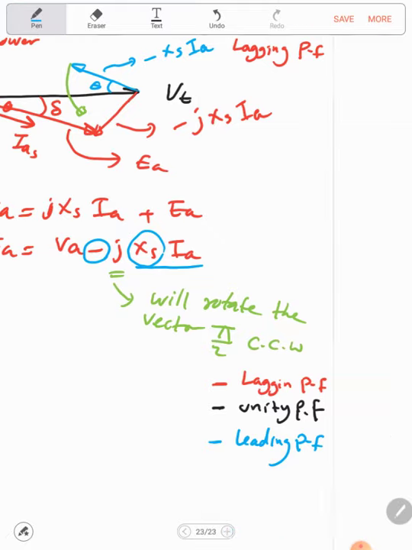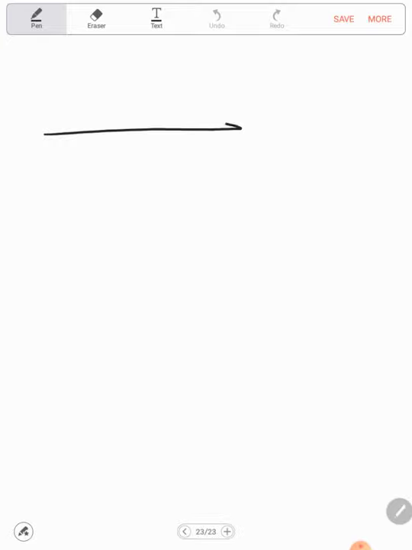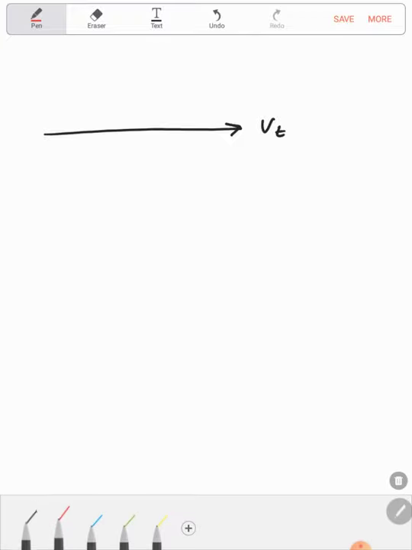So let's start here. The terminal voltage here is V terminal, this is constant, and let's start with the lagging power factor.